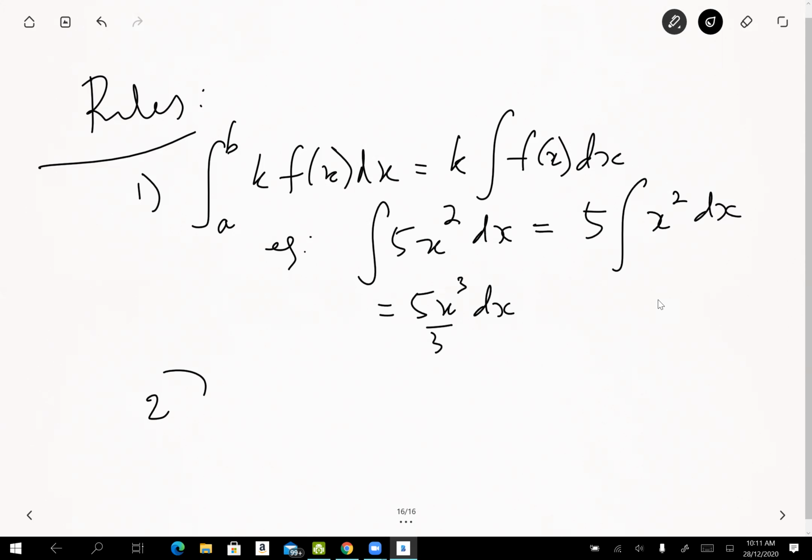Sometimes you are given what you have on the left, so we sum the terms first, and we change it to the terms on the right. Or sometimes you are given what you have on the right, and we just integrate them individually. So we will do it two ways. I will give you an example.